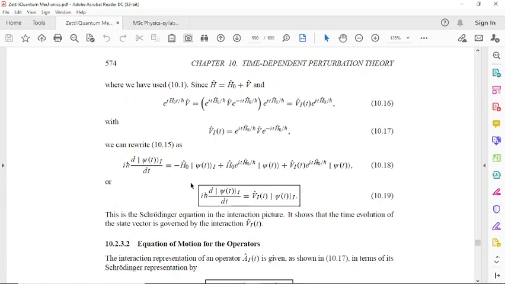or we can write i h cross d by dt ket psi I of t. These terms become cancelled. We will get V_I of t ket psi I of t.